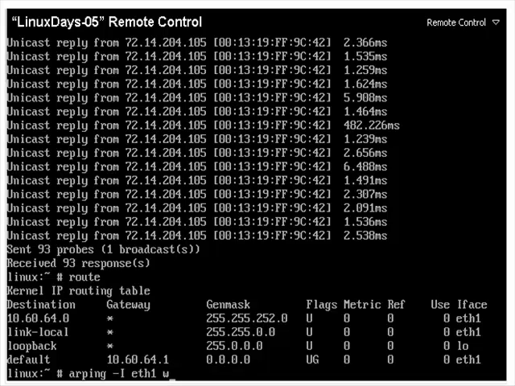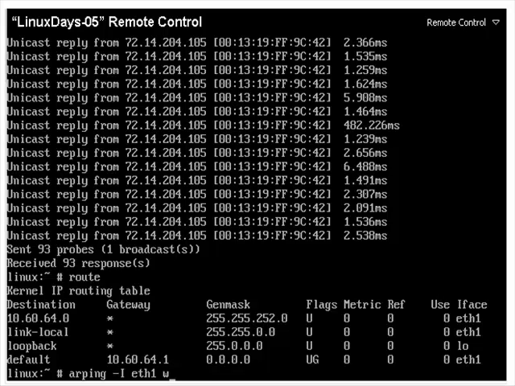So those can have duplication. The MAC address splits up into over here, the 001319 would be the manufacturer's code. The FF9C42 would be the unique serial number that goes with that code.